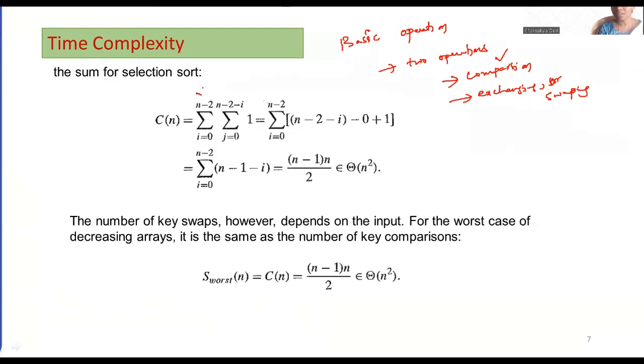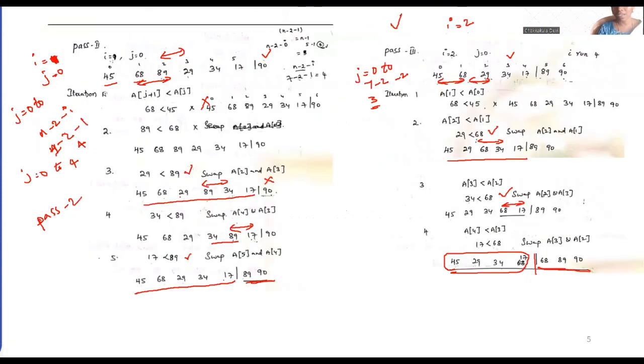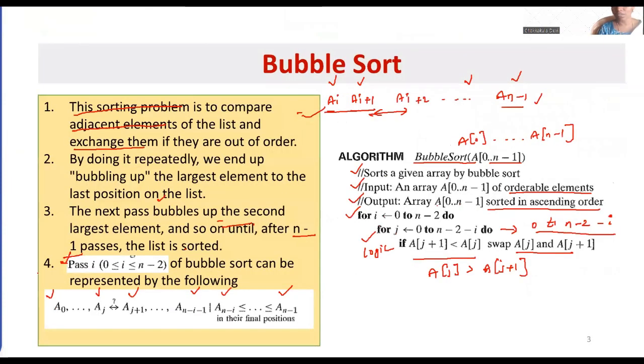And for finding the time complexity, we have to find out the summing expression, and it depends on the loops given in our algorithm. From the first step, when the algorithm is given, you can find the loops: i from 0 to n minus 2, and j from 0 to n minus 2 minus i.